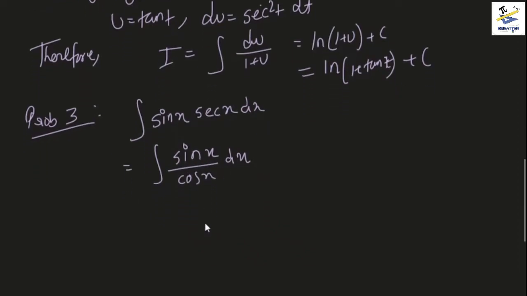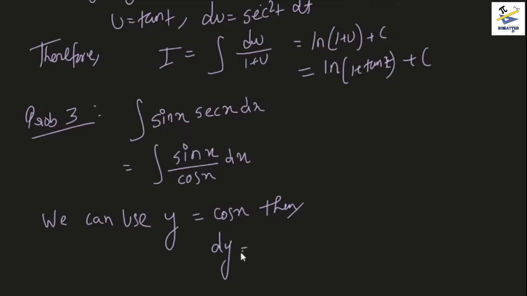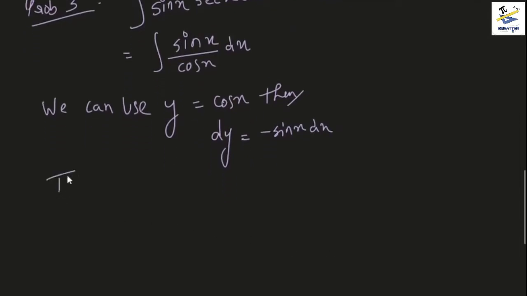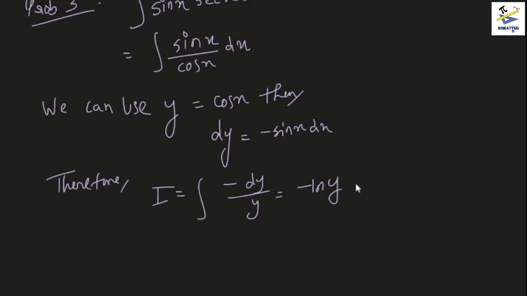So what we can do here is we can use y equals to cos x, then dy should be equals to minus sin x dx. Therefore I should be equal to minus dy by y, which would give you minus ln of y plus c.